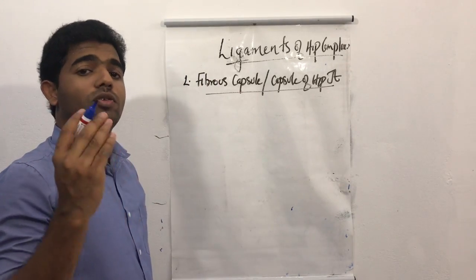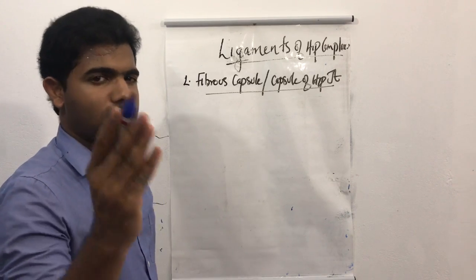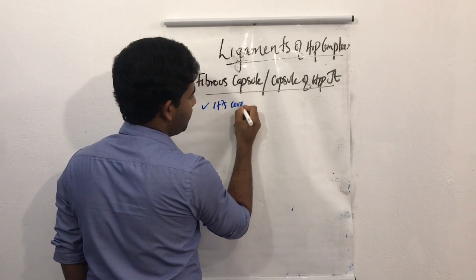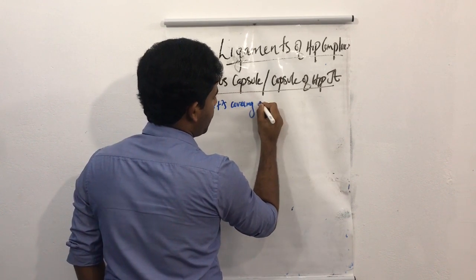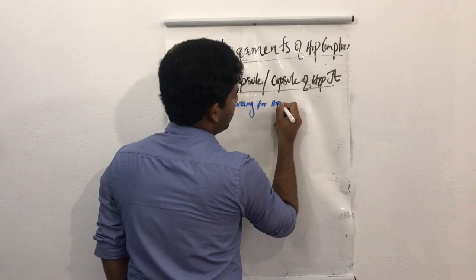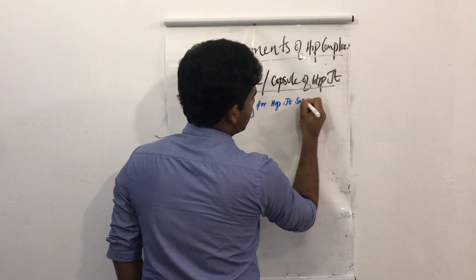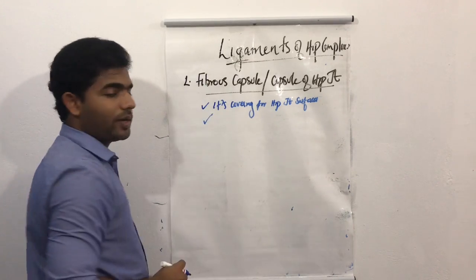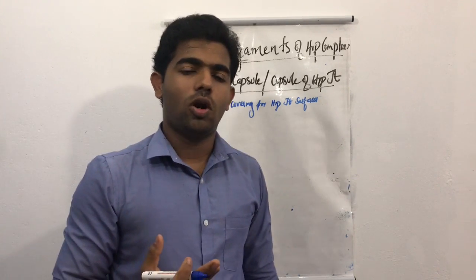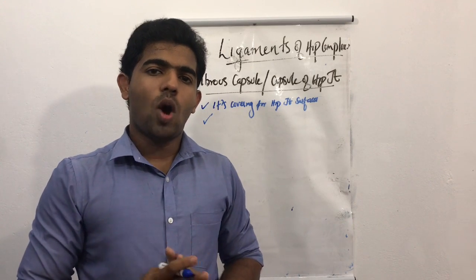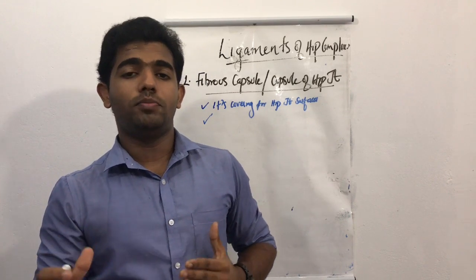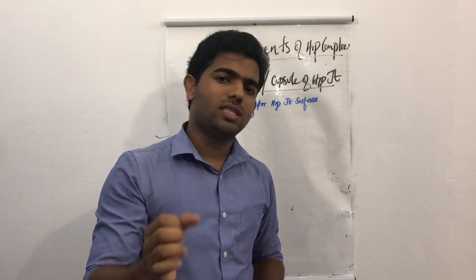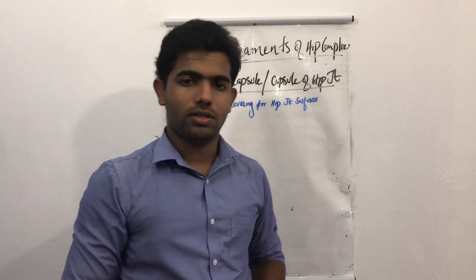So what are the peculiarities of the hip joint capsule? Let us start. It is a covering for the hip joint surfaces, that is the simple point. Now, one of the most important things is that when you consider the shoulder joint or the glenohumeral joint, what differentiates the hip joint from the shoulder joint is that in the hip joint, the capsule contributes substantially to the stability of the joint.